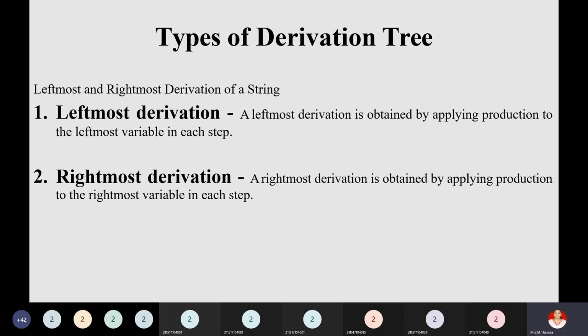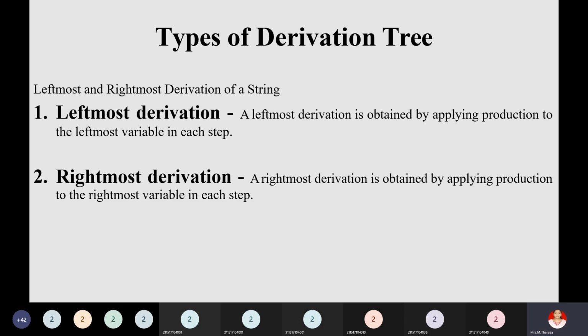Leftmost derivation is obtained by applying a production to the leftmost variable in each step. That approach is called leftmost derivation.